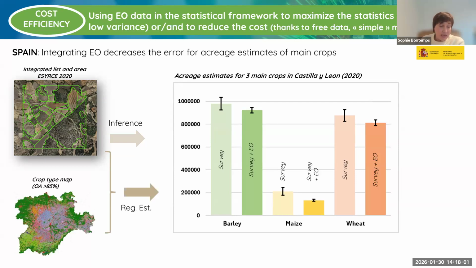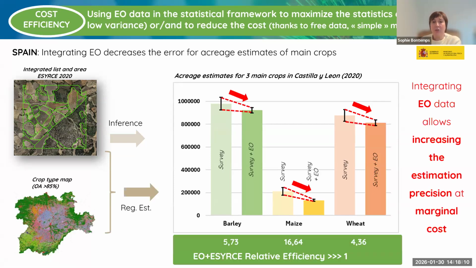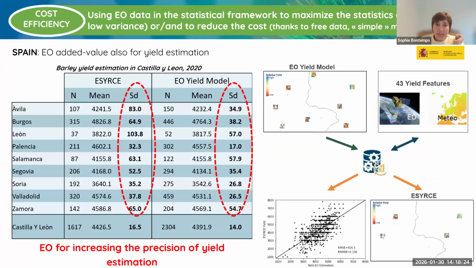What you can see here is that you get some new estimations, which are more or less in the same order of magnitude, but what is more interesting is that when you integrate the EO data, you increase the estimation precision, so you lower the confidence interval associated with the estimation. This has been shown for the acreage estimate, but also for the yield.